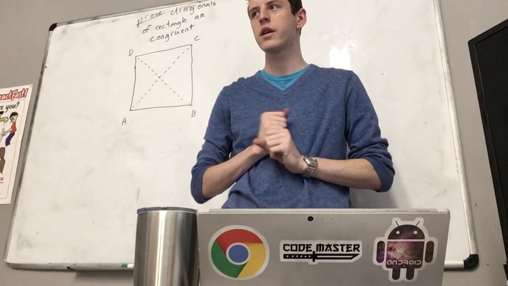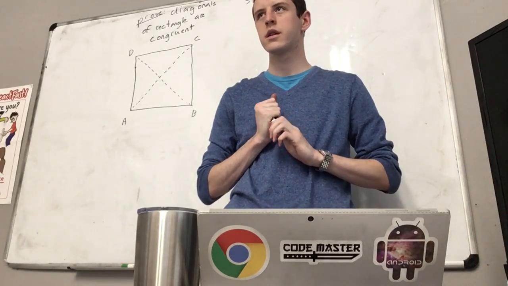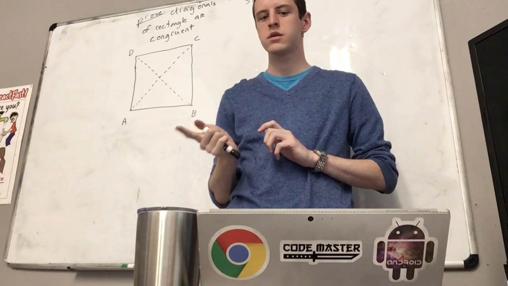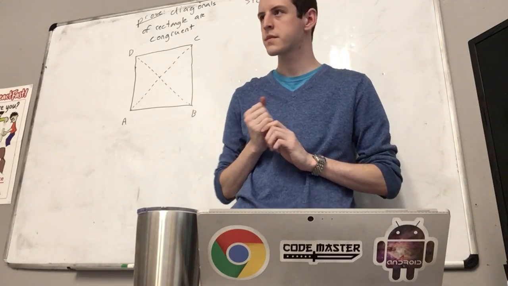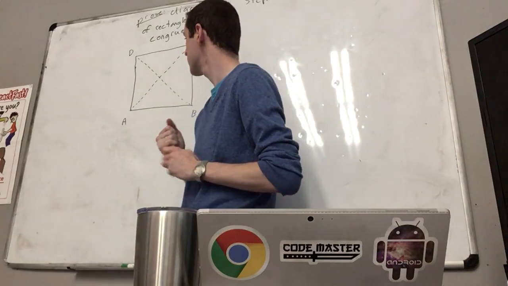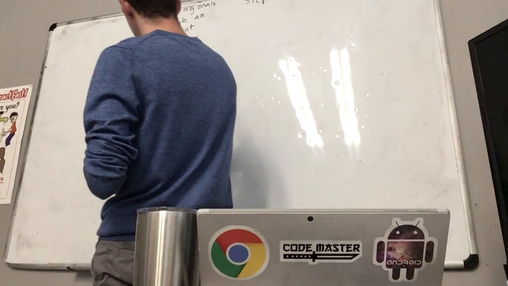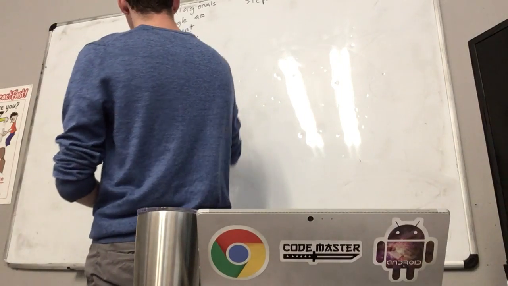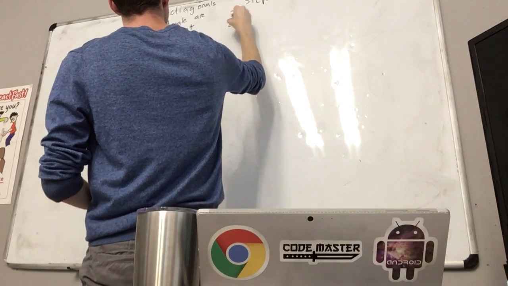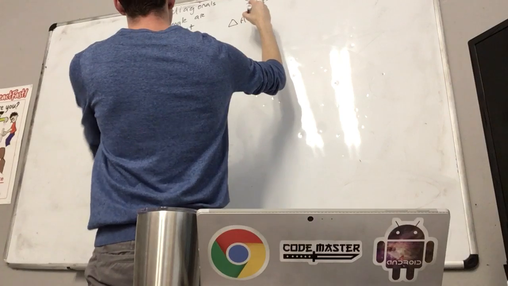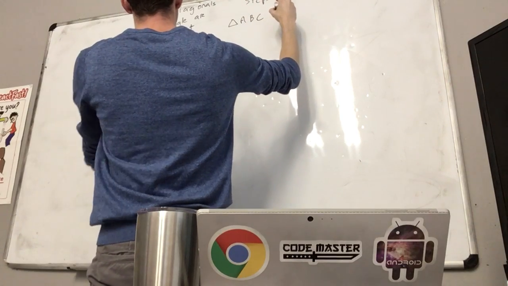Anyone, step one. You can make two triangles ABD and ABC. So you should, yes, AB. You said ABD?